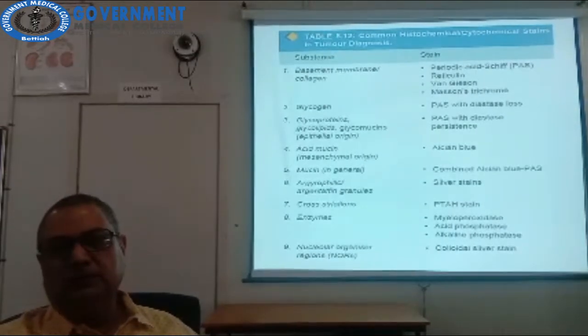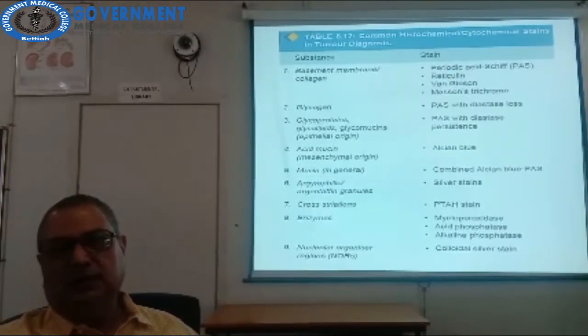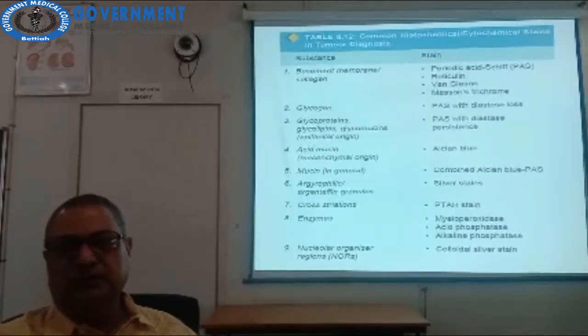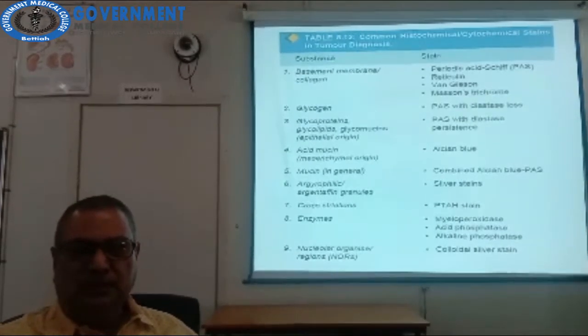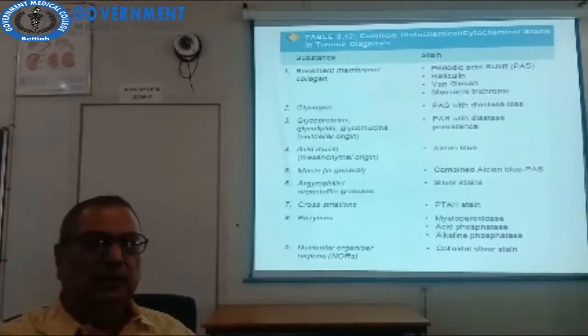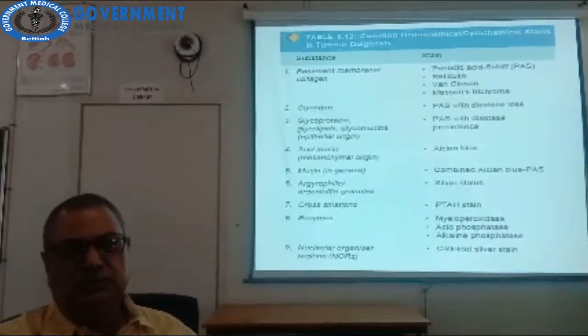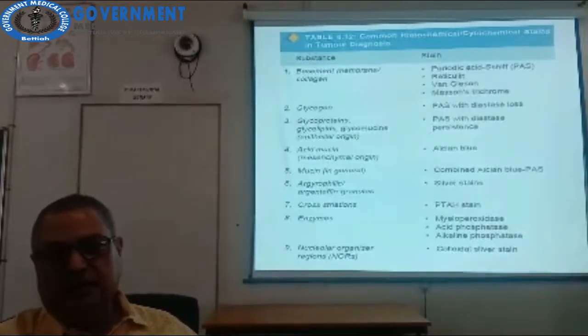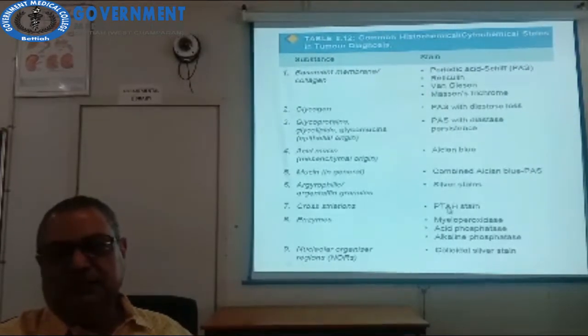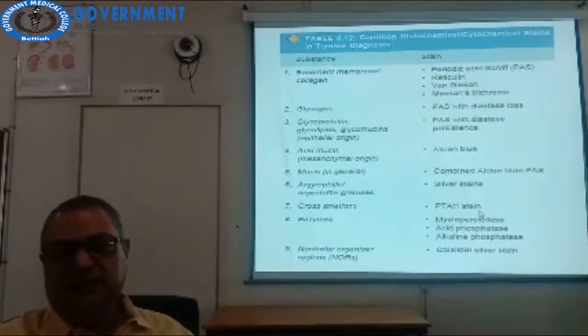Then glycogen: PAS with diastase loss. Then glycoprotein: PAS with diastase persistence. Acid mucin: Alcian blue, and for mucin in general, combined Alcian blue with PAS stain is used. Then cross striations: phosphotungstic acid hematoxylin stain.